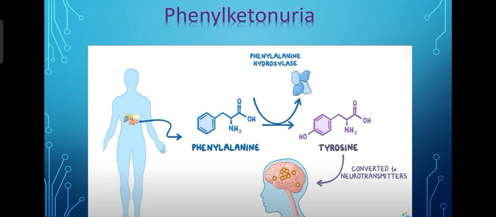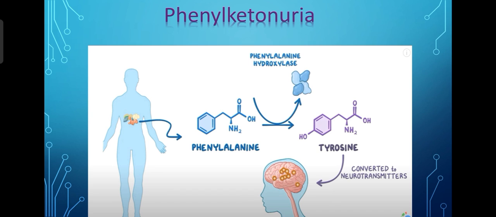metabolism that causes accumulation of an amino acid called phenylalanine in the body. In this case, you can see the accumulation of phenylalanine in the body. This is due to the defect in the gene encoding for phenylalanine hydroxylase.